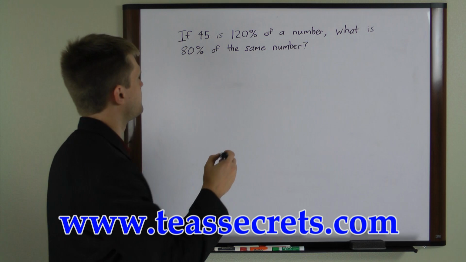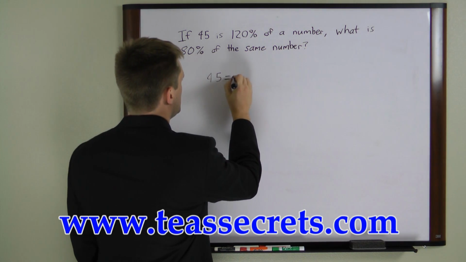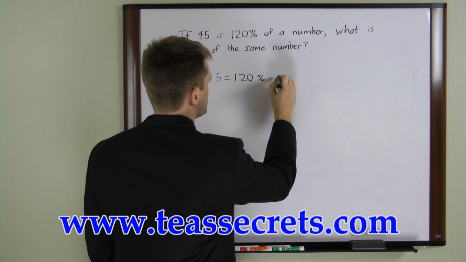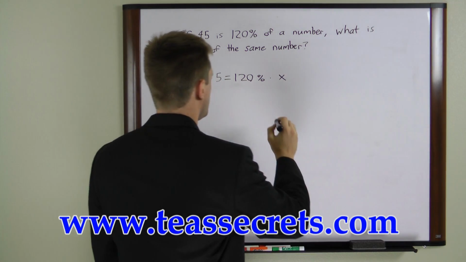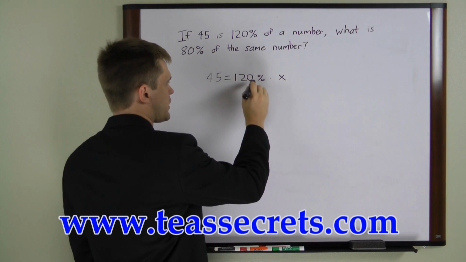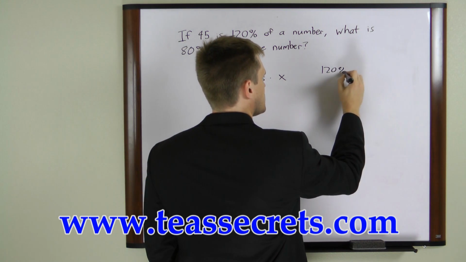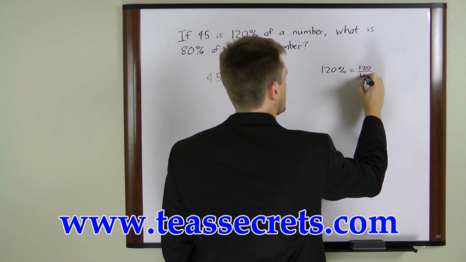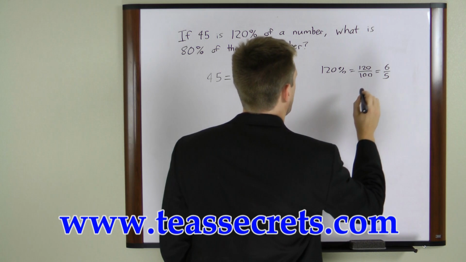Let's write the first one. First we have 45 equals 120% times a number. We'll call that number x. Now to solve this, we want to convert the 120% to a fraction. So let's do that. 120% is 120 over 100, which is the same as 6 over 5.